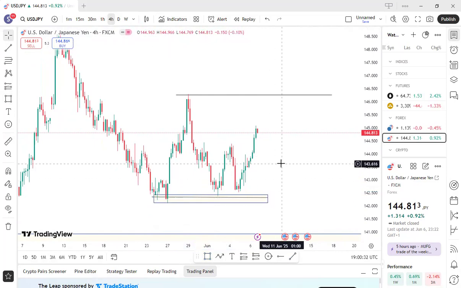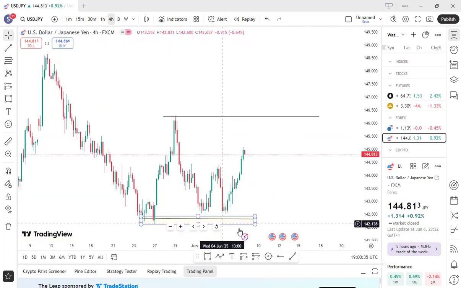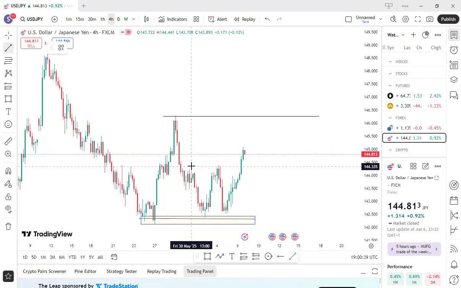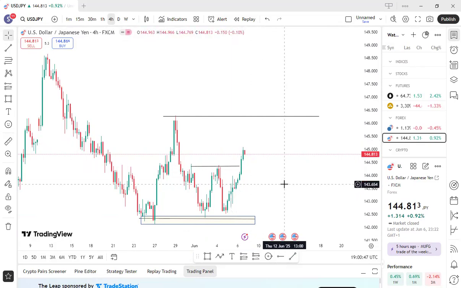Price gave us an equal low. Even the 4 hours showed a double bottom, clear for you. You see, the price showed it here, and then telling us that price is actually going up to the upside.